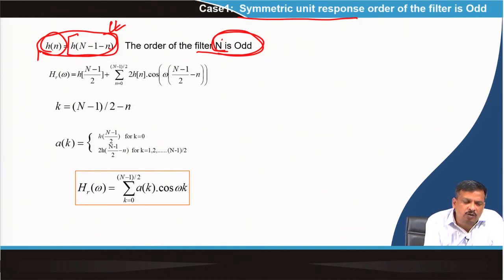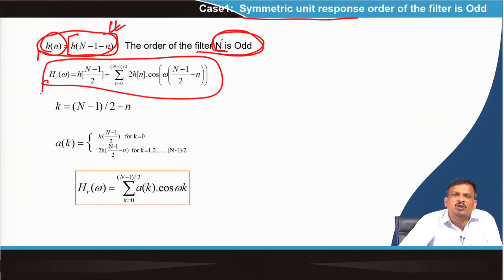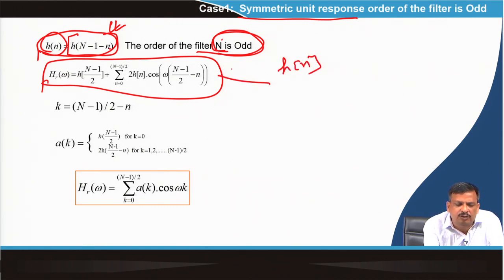Now, I know if the order is odd, we have already derived for the linear phase condition what the frequency response is. If h of n is my impulse response, then this will be my HR, the frequency response of the design filter.